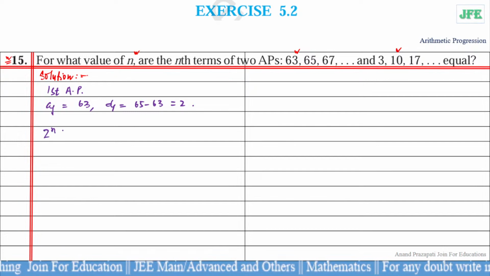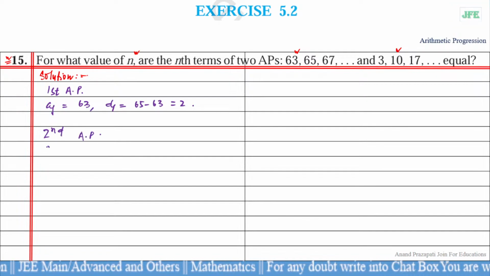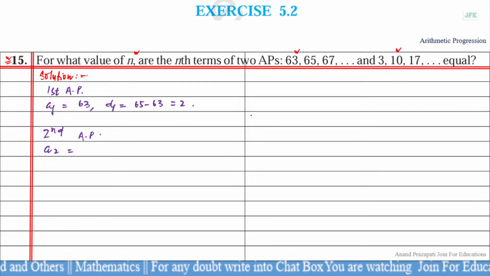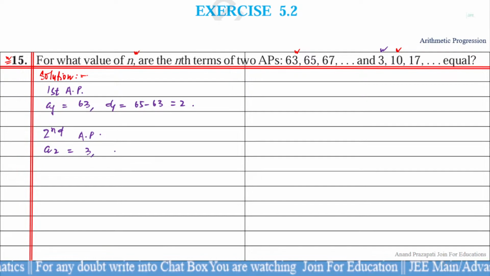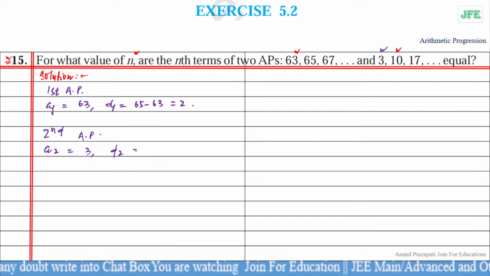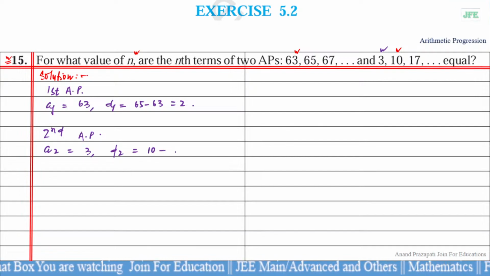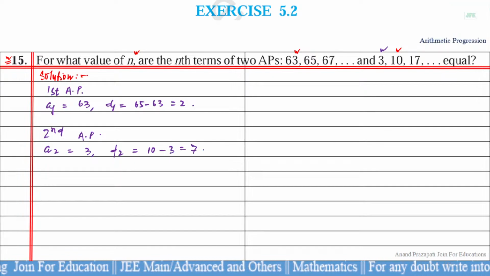Second AP: suppose the first term is a2, which is 3, and suppose the common difference d2, which is 10 minus 3 equals 7.